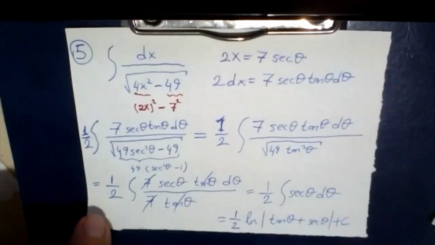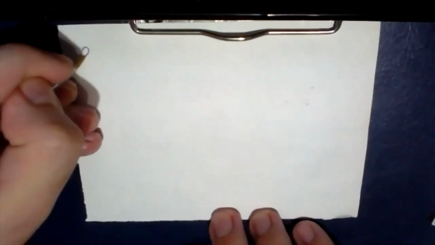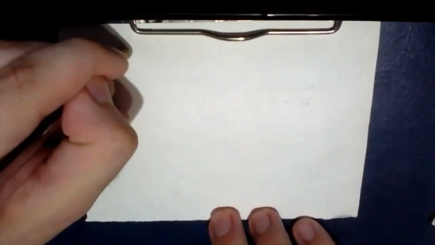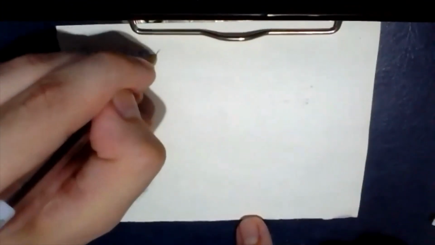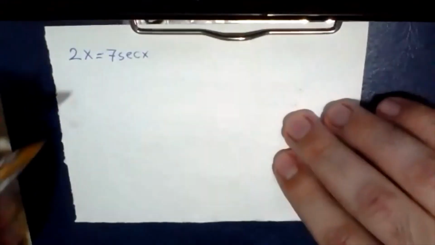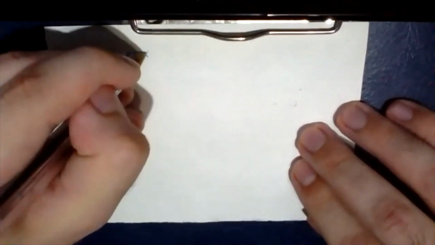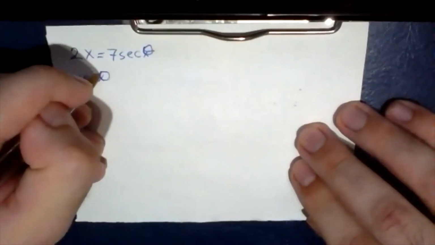And in the last step, we should turn everything into x again. We had chosen 2x is equal to 7 secant theta. Let me check. Yes, 2x is equal to 7 secant theta.